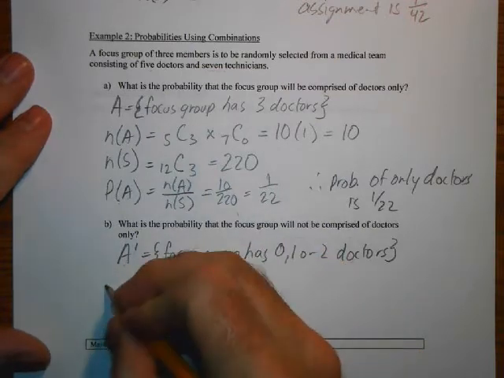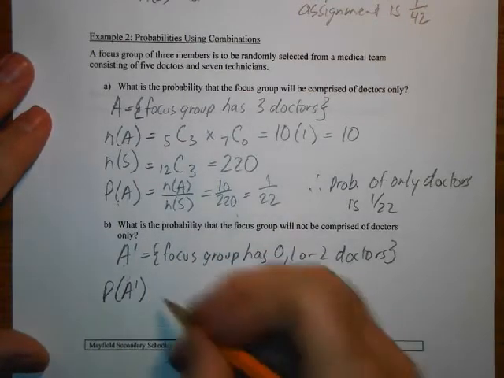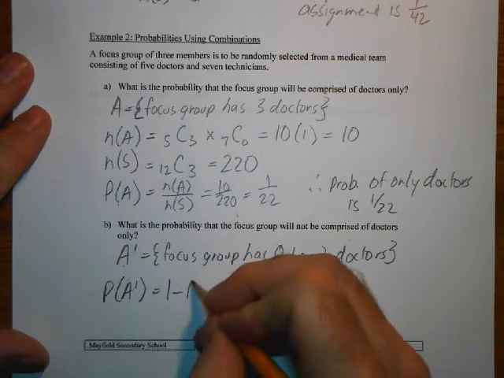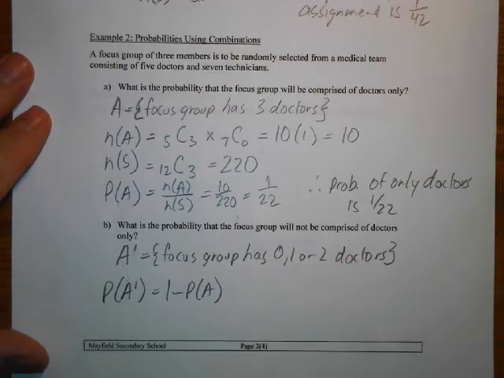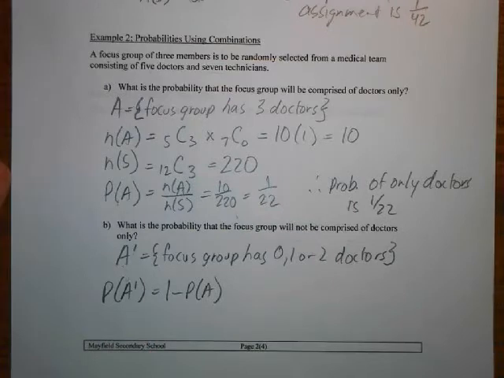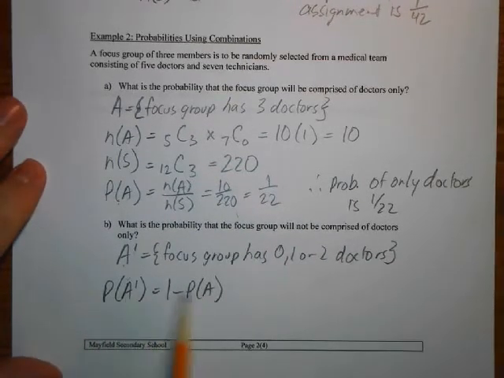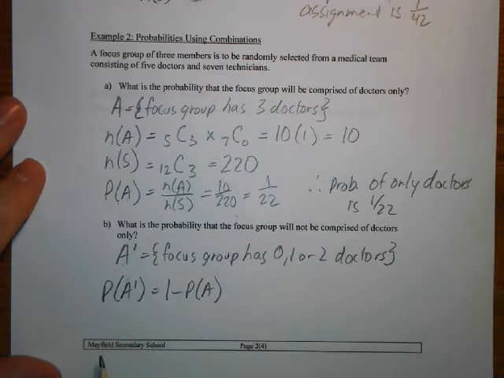So there's a nice formula for that. The probability of A prime is equal to 1 minus the probability of A. Because those two probabilities of it happening or not always equal 1, if you knew one of these, to get the other one, you just subtract it from 1.